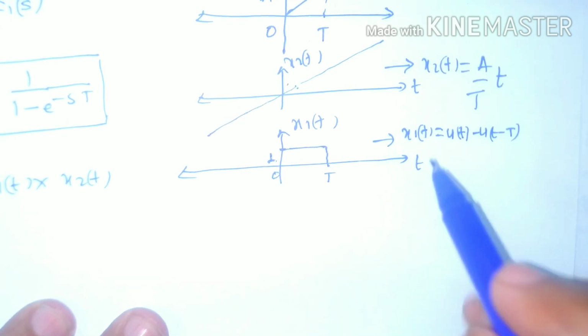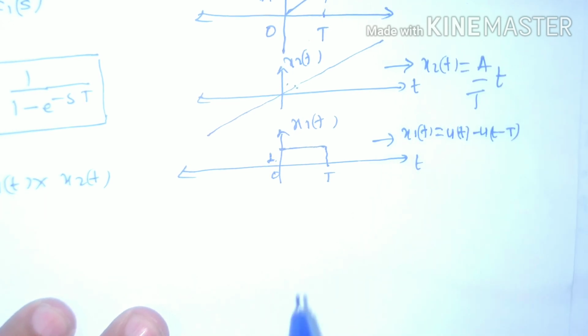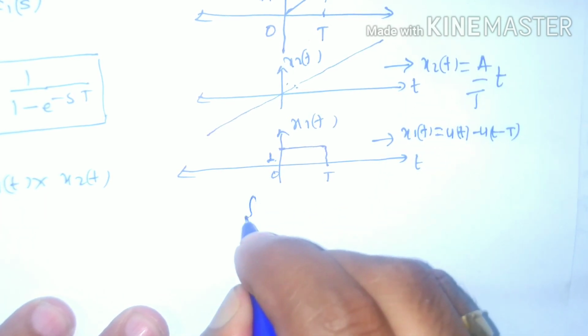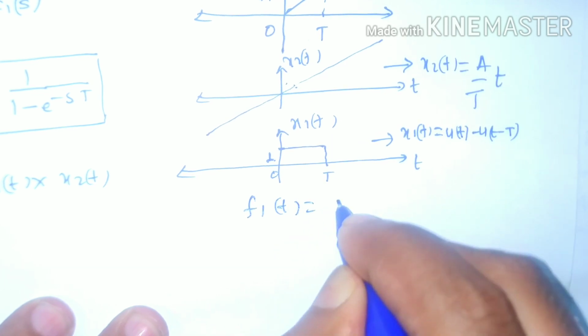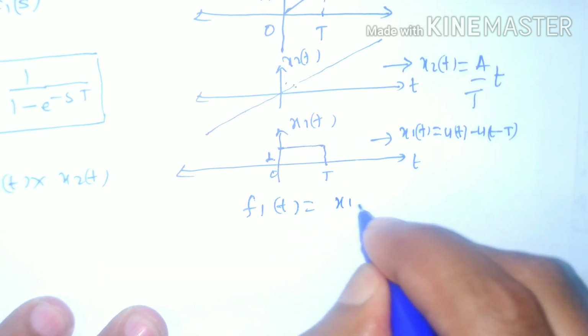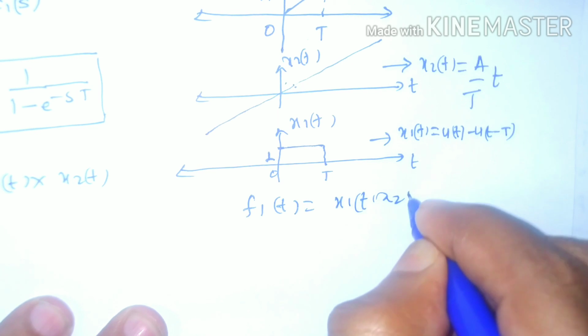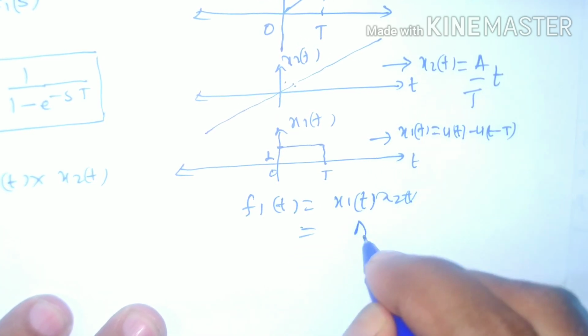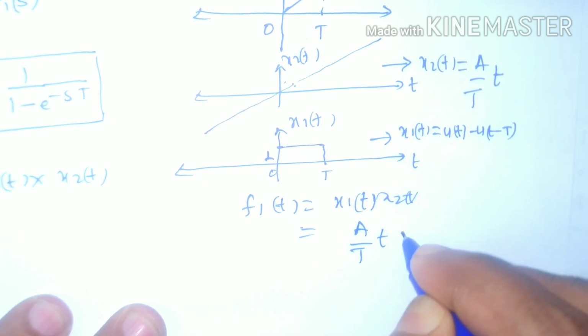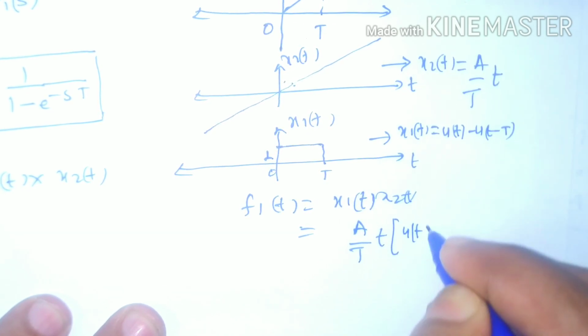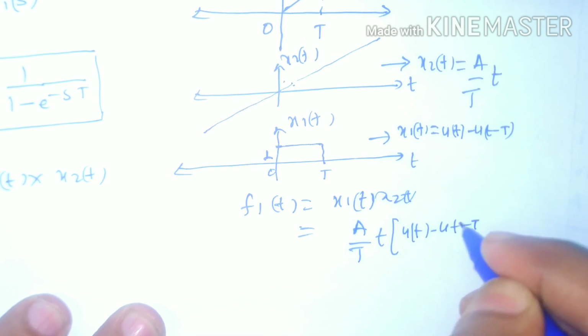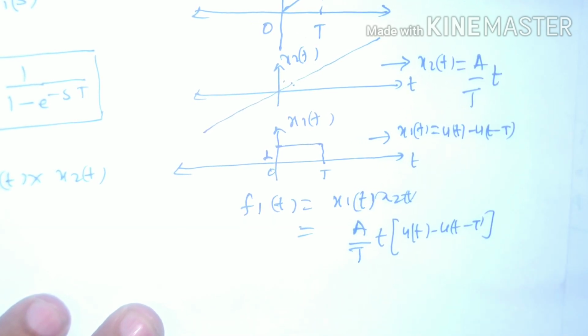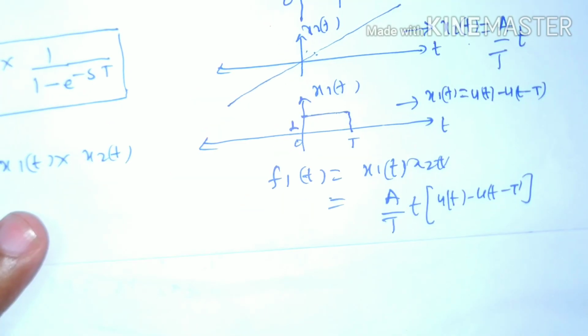If we multiply both signals x1(t) and x2(t), then we will get the resultant signal. So how can we find its Laplace transform?